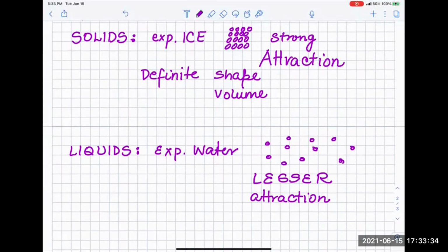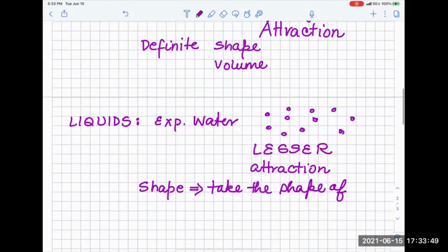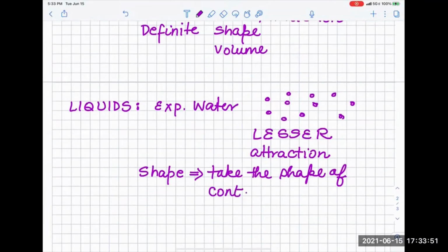So that's one thing. Next is their shape. What about the shape? Very good. So they take the shape of the container. So wherever you put them, in a jug, in a beaker, in a flask, or in a bottle, whatever, they take the shape of that.